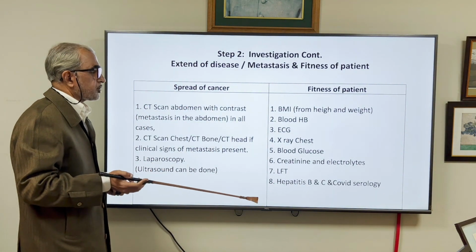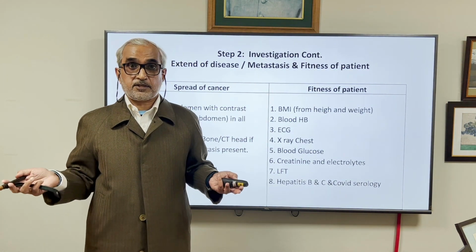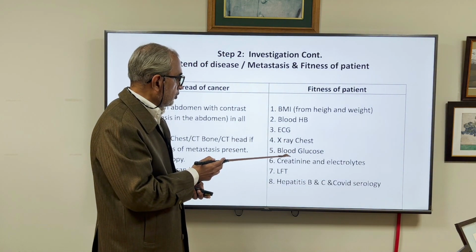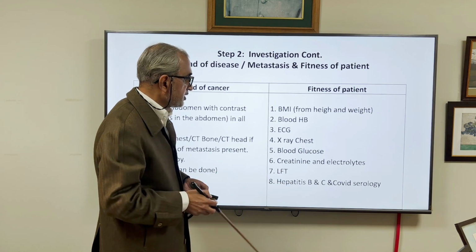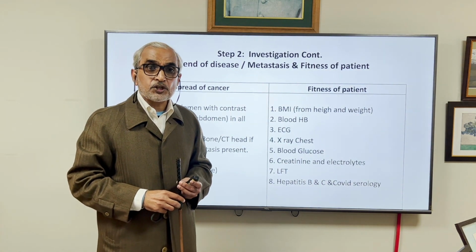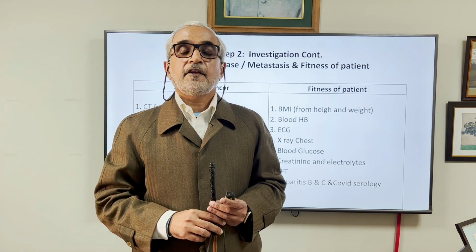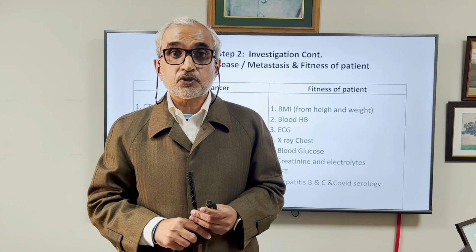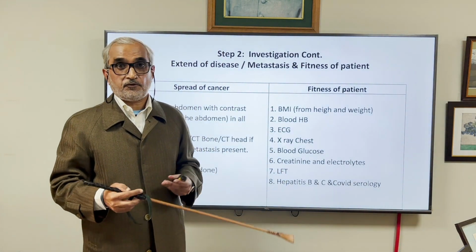Then for fitness of the patient, obviously we require blood hemoglobin, because the patient is usually anemic. ECG, X-ray chest, blood glucose, creatinine, electrolytes, LFTs, then hepatitis B and C and COVID serology. But in addition to this, you might have to add other specialized investigations if the patient already has a comorbidity and the disease is not under much control, for example a history of MI or other diseases.